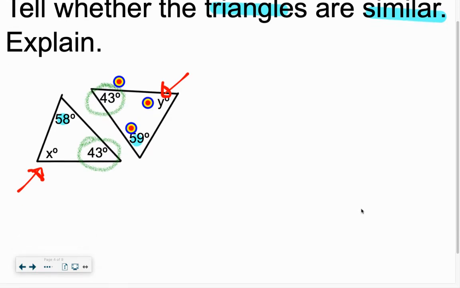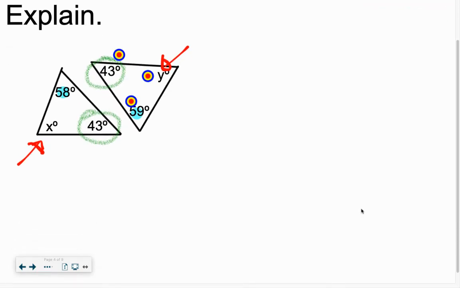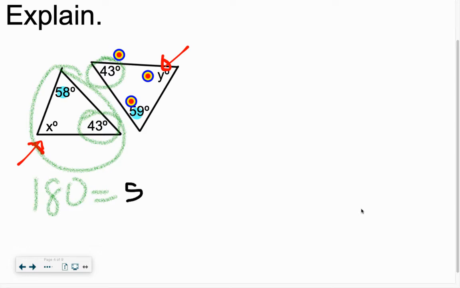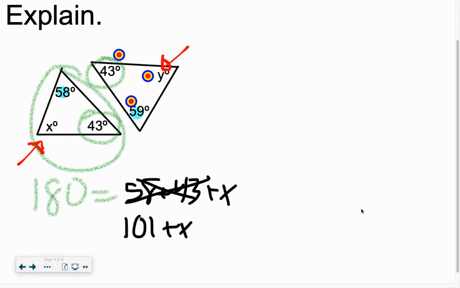I'm going to go with this one here on the left. You can pick either triangle you want, but I'm going to pick this. Remember, in a triangle all three angles add up to 180 degrees, so I'm going to do just that. I'm going to add them all up, and that is 58 plus 43 plus X. Out of habit I did that, of course, you could have just added those together right away. That is 101 plus X equals 180.